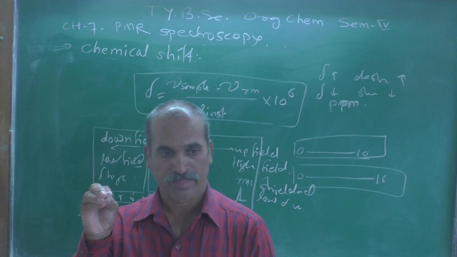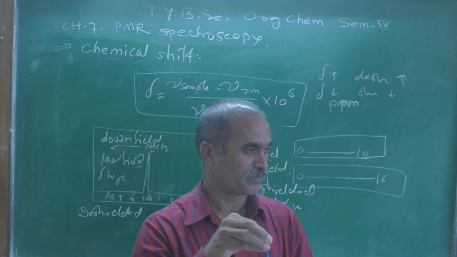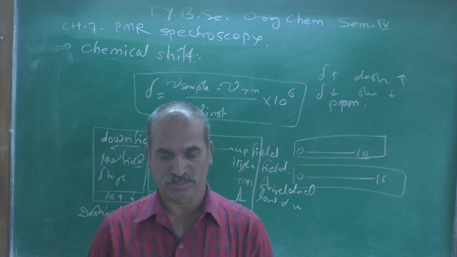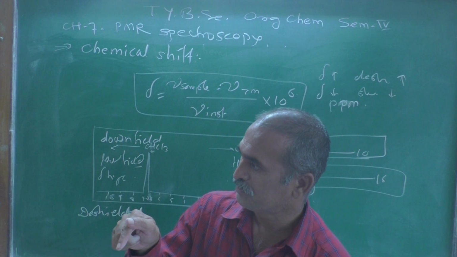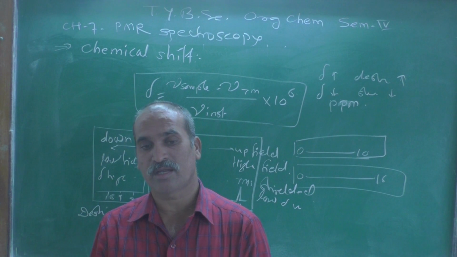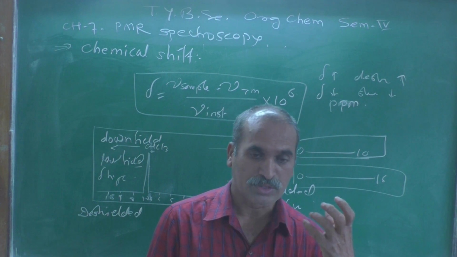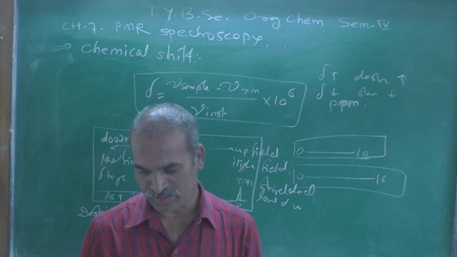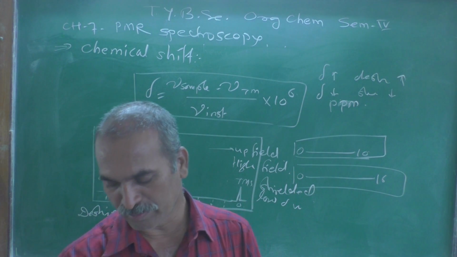One is a shielding region, another is a de-shielding region. If protons fall in a shielding region, there is a decrease in delta value. If protons fall in a de-shielding zone or region, the delta value increases. That's the simplest basic principle you should remember.